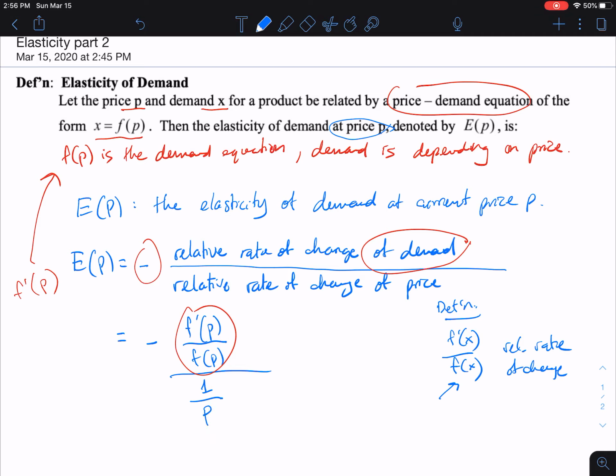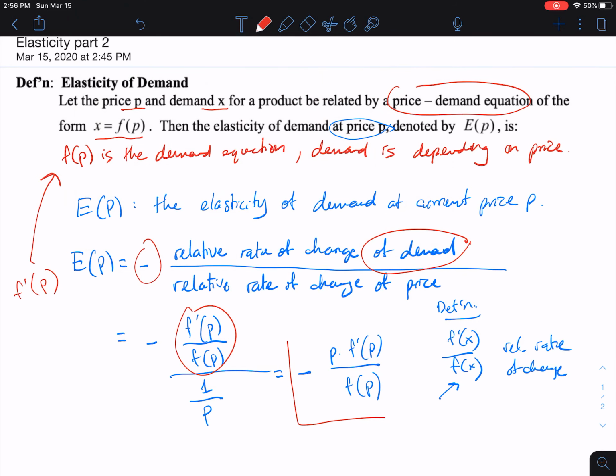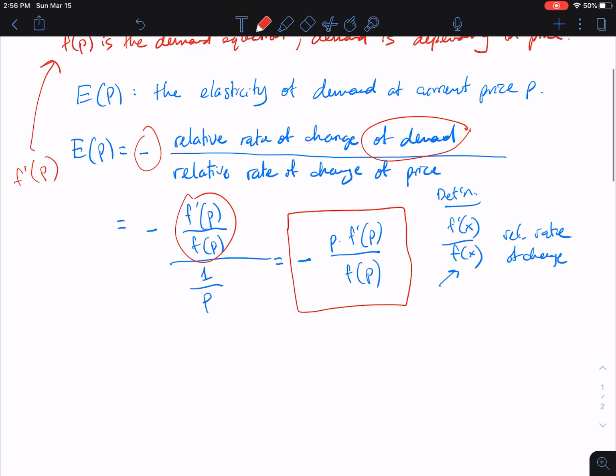Using algebra, we can simplify this fraction to the negative of p times f prime of p over f of p itself. So that is the math formula for calculating the elasticity of demand of any product at a current price. Now, why do we need the negative?